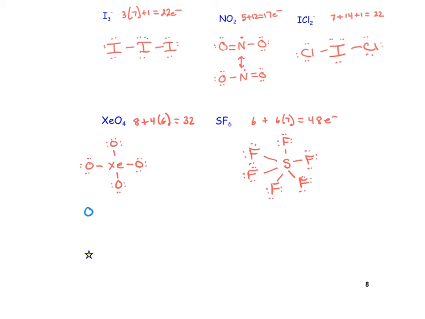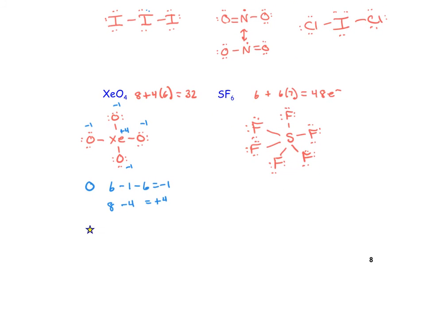Each oxygen has 6 valence electrons, -1 bond, -6 unbonded is a -1. And xenon has 8 -4, a +4 charge. That's not great. So it turns out we can draw XeO4 another way.